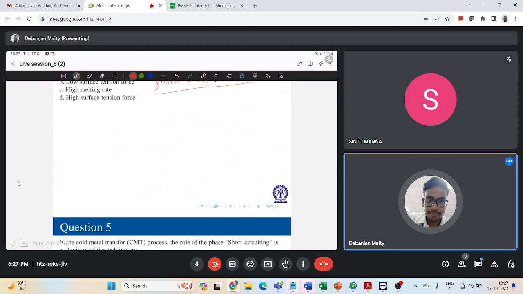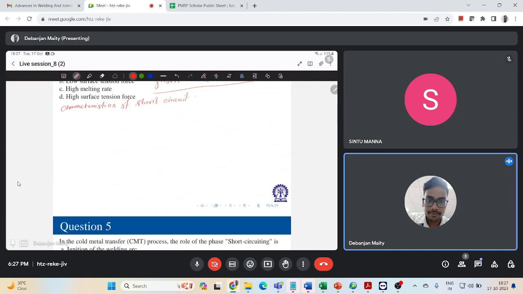And here also, in terms of characteristics of short circuit metal transfer, again you have low welding current, and because you have low welding current, your droplet will grow very slowly.